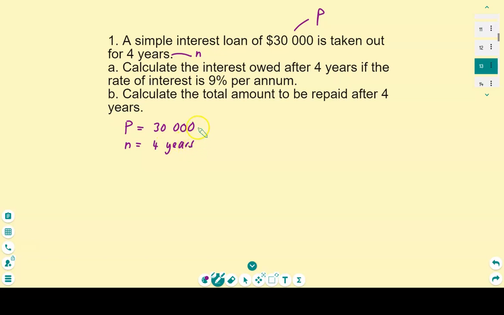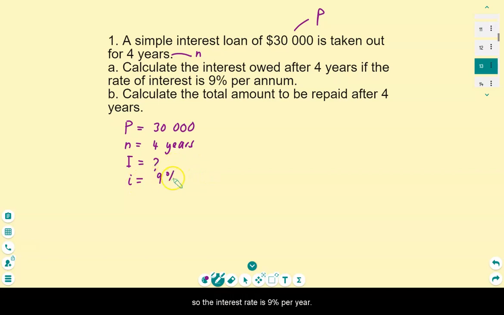So, calculate the interest owed after 4 years. Interest owed means capital I. If the rate of interest is 9% per annum, rate of interest means interest rate. They like to just use different terms. Fun. So, interest rate. And remember, we need to have this as a decimal.